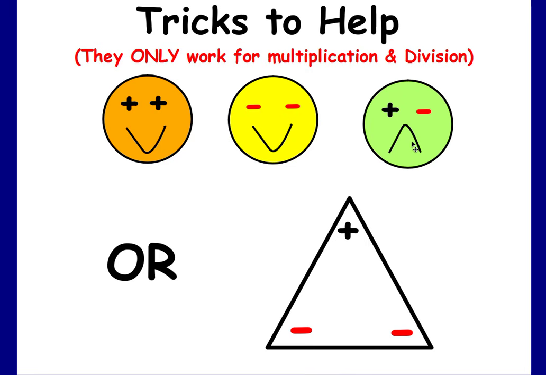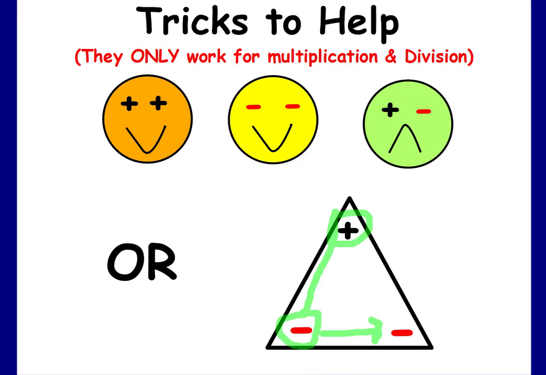See the frowny face? Then the other trick we have is the triangle, where at the top of the triangle we put a positive sign, and at the bottom 2 corners, we put negatives. So if we start with a positive number and we multiply a positive times a negative, then our answer is going to be a negative.